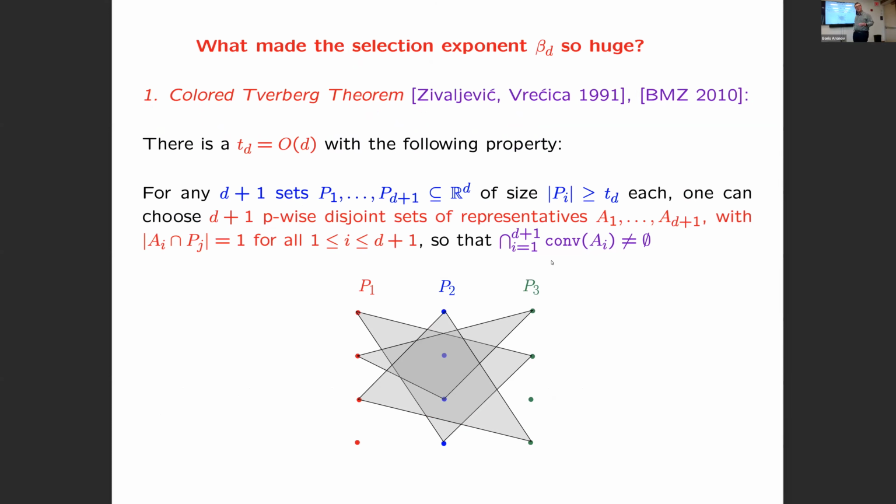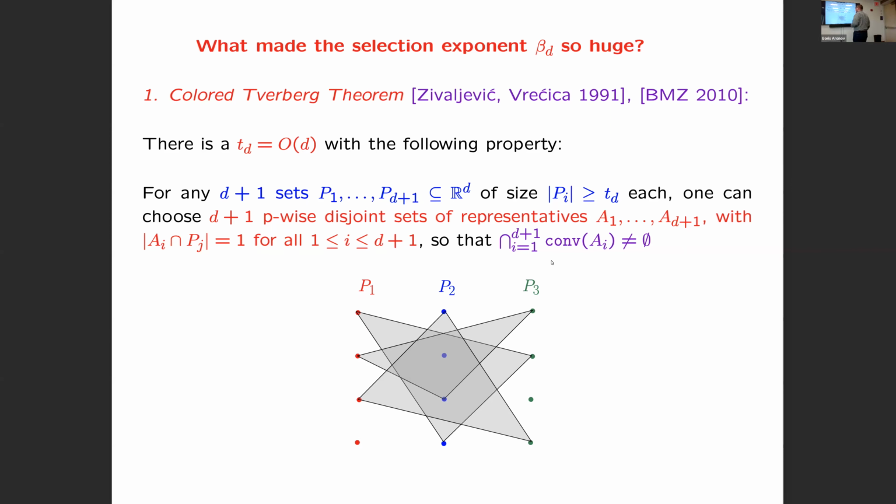So let's say a few words about the roots of the exponentiality of the selection exponent. It stems from the Kolot-Verberg result, originally from Živaljević and Vrećica, which was further improved by Blagojević, Matschke, and Ziegler.